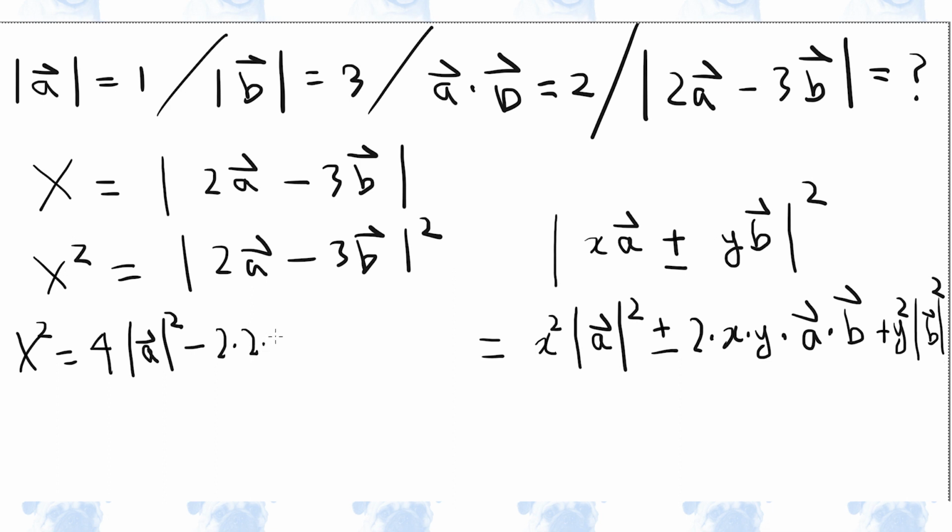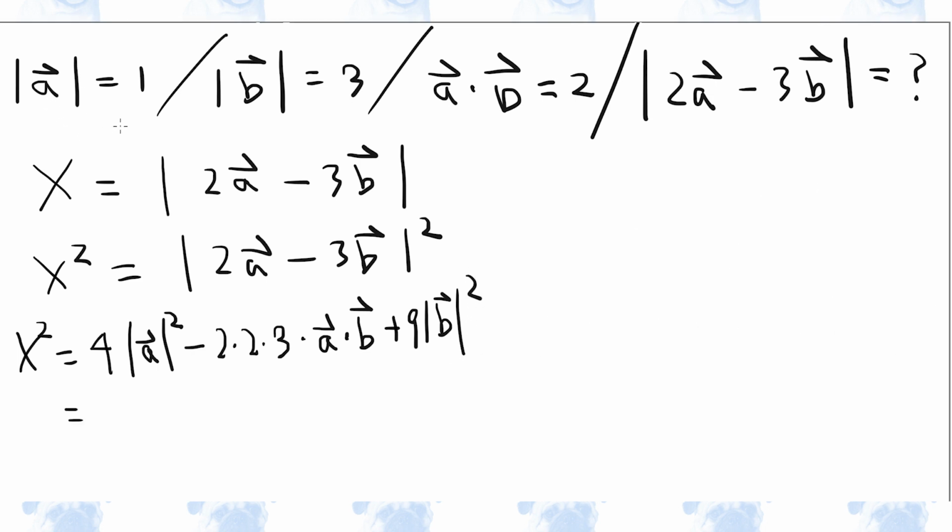Therefore, x squared is equal to 4 times the magnitude of vector a squared minus 2 times 2 times 3 times the dot product of vector a and vector b plus 9 times the magnitude of vector b squared. Since the magnitude of vector a is 1, the first term becomes just 4, and the dot product of vector a and vector b is 2.